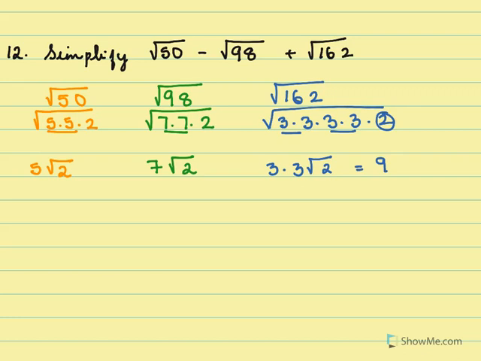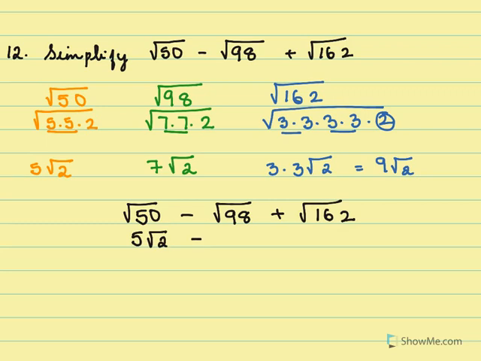So this would be now 9 under root 2. So my sum was under root 50 minus under root 98 plus under root 162. So for under root 50, I'm going to put 5 under root 2. For under root 98, 7 under root 2.